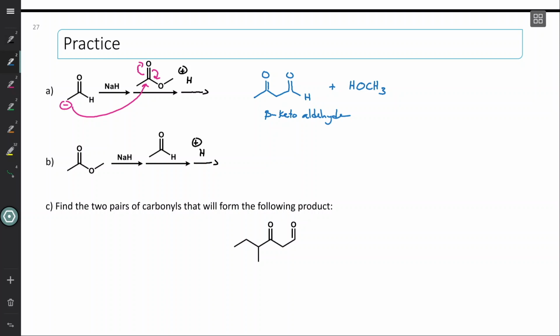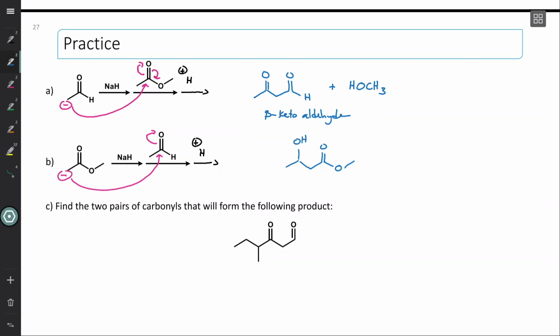And our next one, now this time the ester is going to be the nucleophile. It's going to come here and attack this aldehyde. And now we don't have a leaving group, so we get an addition product. And the ester stays in place.